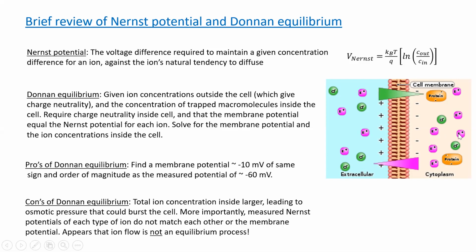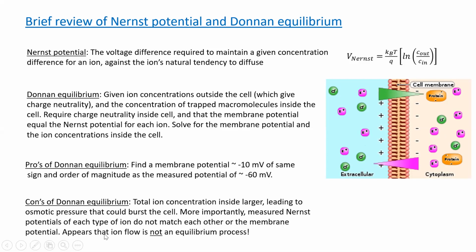So there were more ions inside, leading to an osmotic pressure that could burst the cell. But more importantly, it's possible to measure Nernst potentials for each type of ion experimentally. And in cells, they don't match each other, and they don't match the membrane potential of minus 60 millivolts.